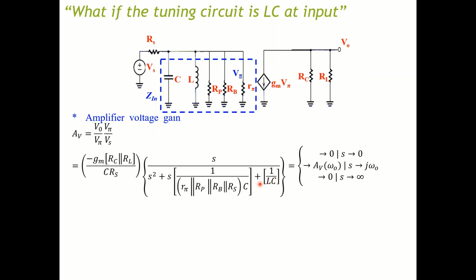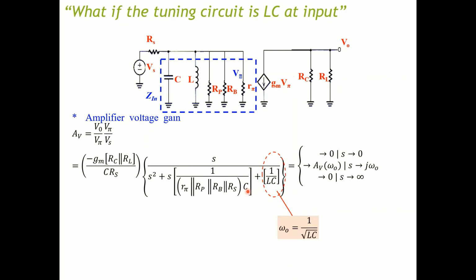And you remember what to do when you see that form. You take this number and use it to calculate the resonant frequency, because this one is equal to omega naught square, and this is equal to your bandwidth.